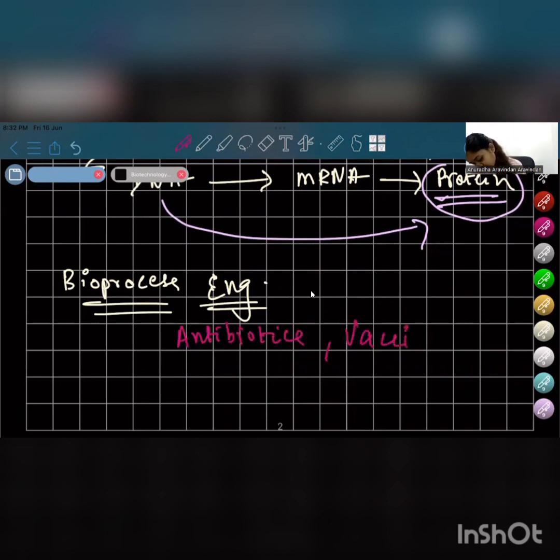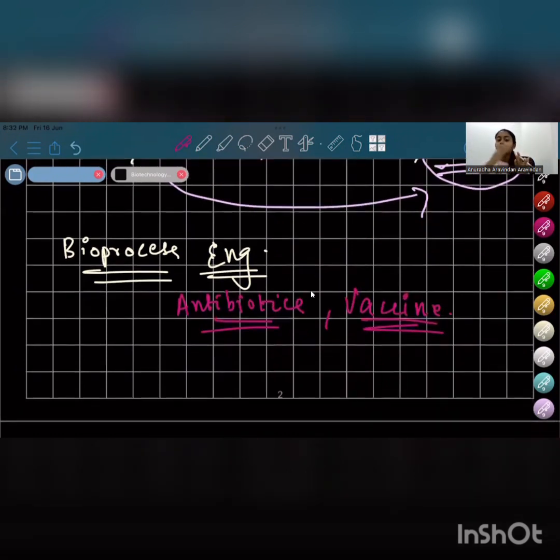All these are microbe-mediated processes, but in order to make a certain antibiotic or a certain vaccine, I'll need a certain microorganism. So I should ensure that I'm using the microorganism properly, and I'm going to treat the enzyme or the product given by that particular microorganism, be it bacteria or anything. In case of antibiotics, obviously it's going to be bacteria. So the enzyme from the bacteria should be properly used and properly treated, and then it will help us get the required antibiotic we are aiming for.